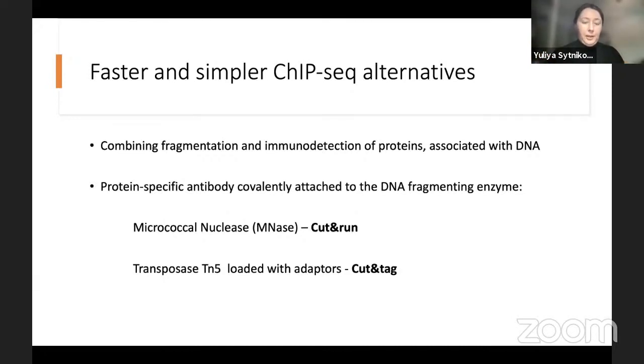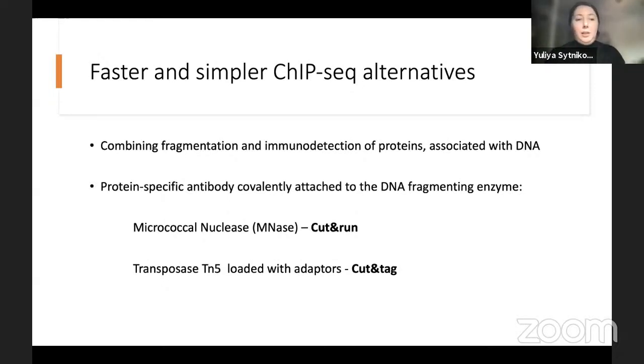One just treats cells or nuclei with antibody, covalently or non-covalently bound to either micrococcal nuclease or Tn5 transposase. And this enzyme, together with antibodies, is bound to regions where the target protein sits on chromatin, and in that way it introduces cuts around the target protein binding site.